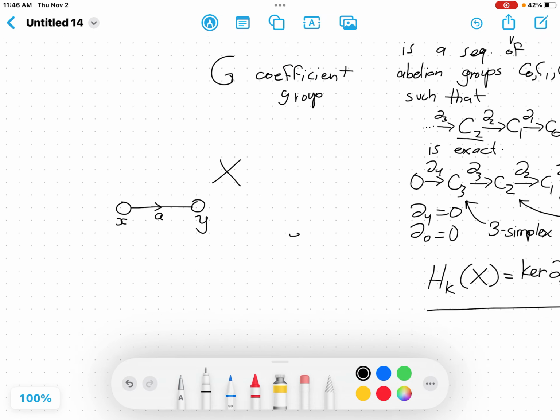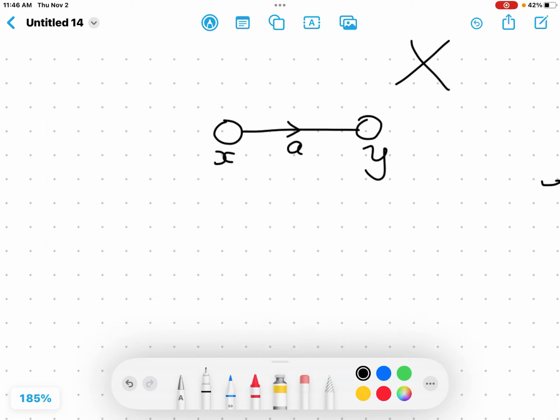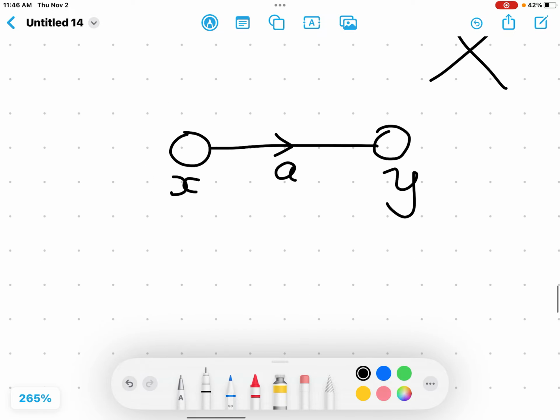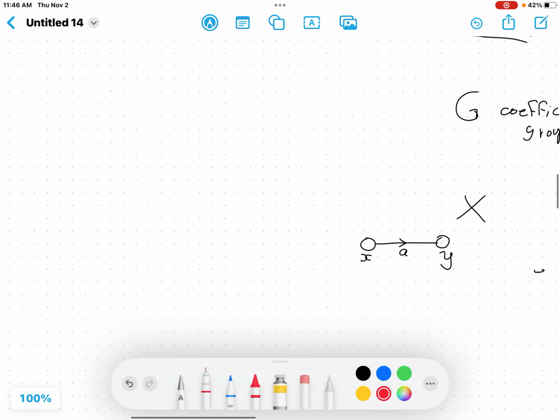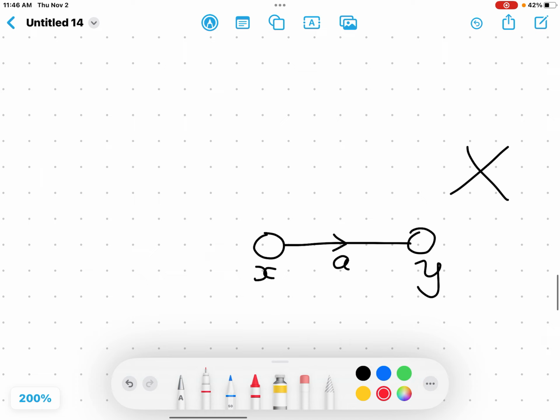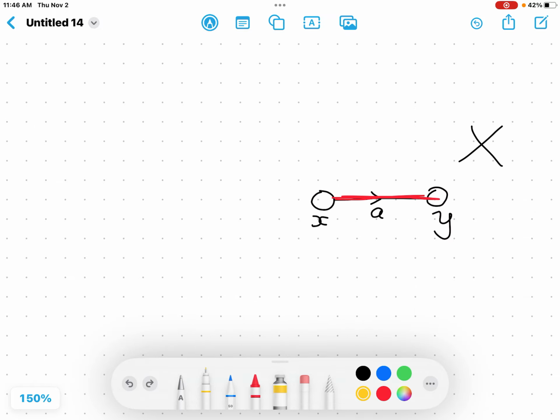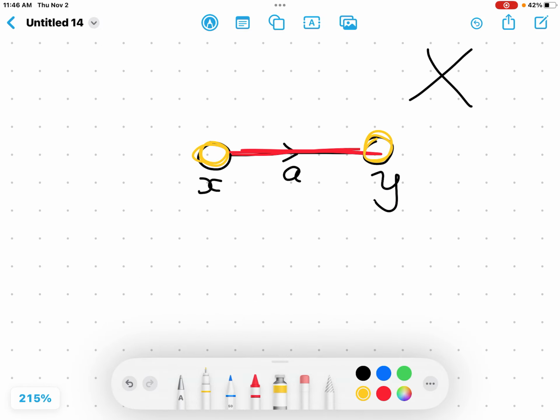So C2, C3, all of those are trivial because we don't have any 2 simplices or 3 simplices here. If I embed simplexes into here, we can only embed a 1 simplex and 2 0 simplices. I'm going to use a different color for that. So yeah, 1 simplex and 2 0 simplices.